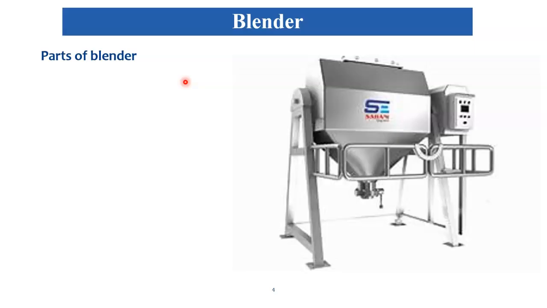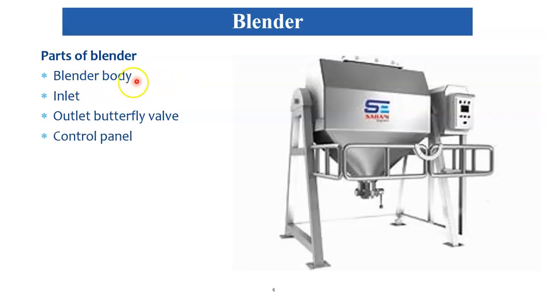Now, parts of blender. There are different parts of blender: blender body, inlet, outlet butterfly valve, control panel. Here is a blender body. It is made by SS316L material, non-corrosive and non-reactive.